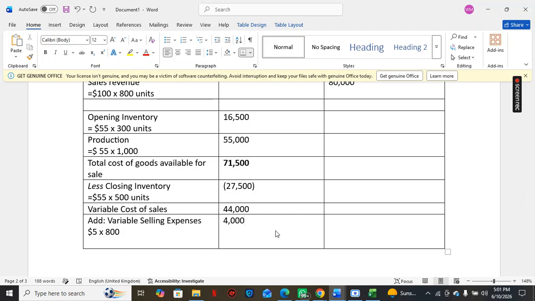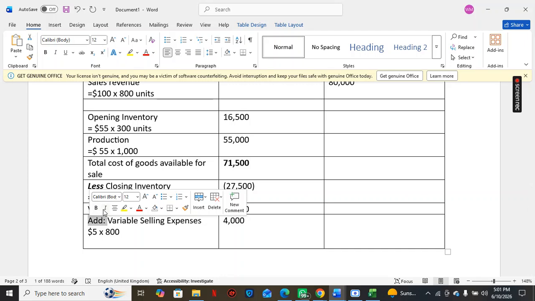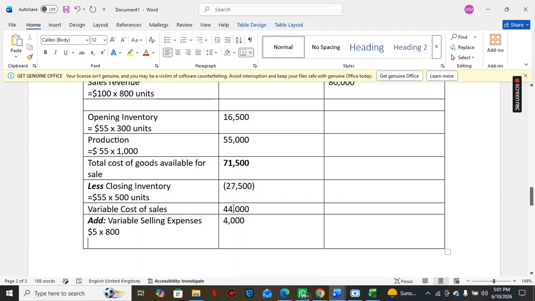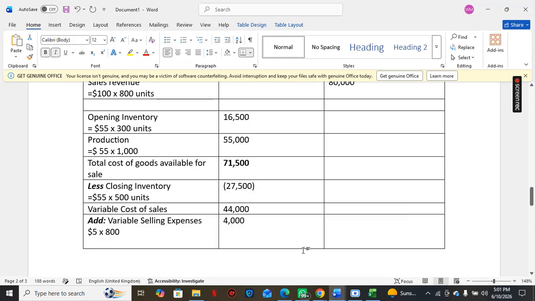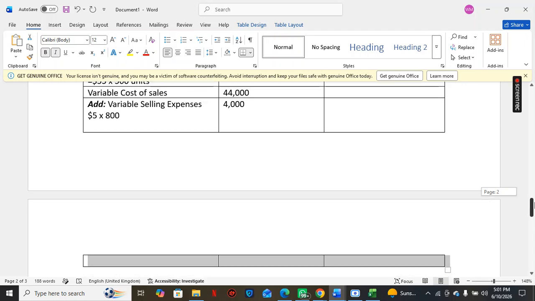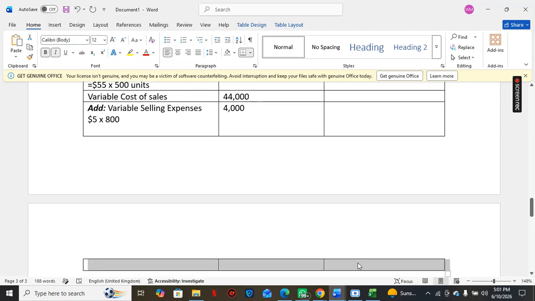Then 44,000 plus 4,000 gives us 48,000. This is our total variable cost.